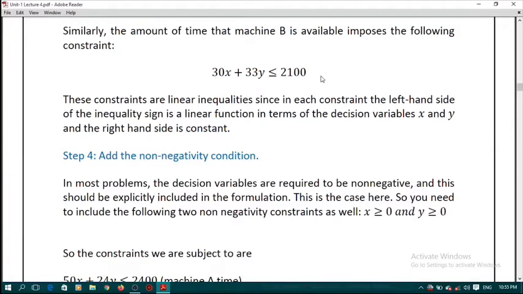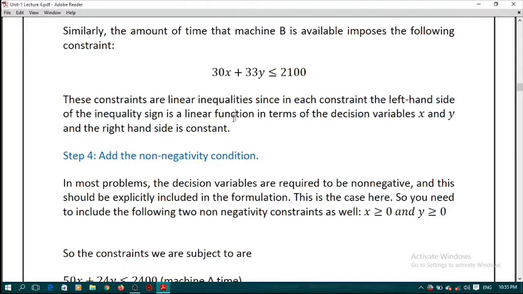So this is our second constraint, 30x plus 33y, which is less or equal to 2100. These constraints are linear inequalities, since in each constraint the left hand side of the inequality sign is a linear function in terms of the decision variables x and y. The right hand side is constant.